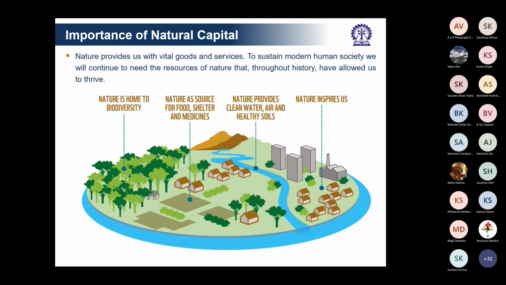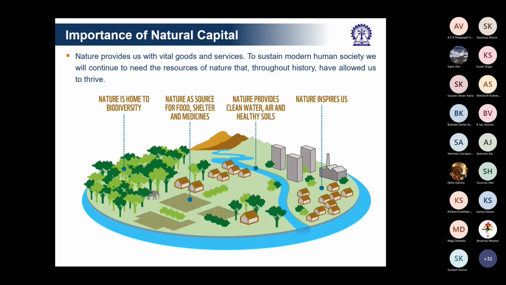The natural assets that provide these services, that is the ecosystems, species, waters, rivers, sea, land, minerals, atmosphere, are all an immensely valuable component of a nation's wealth and a major factor in determining its level of economic prosperity. So we can think of it as natural capital.